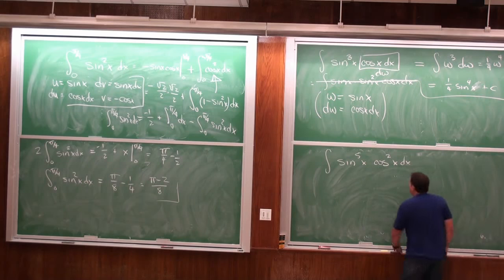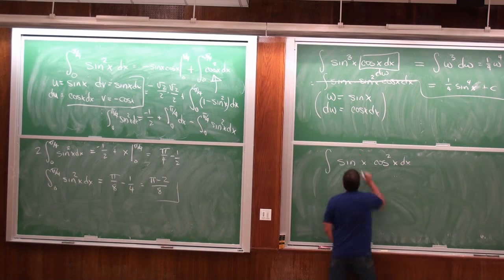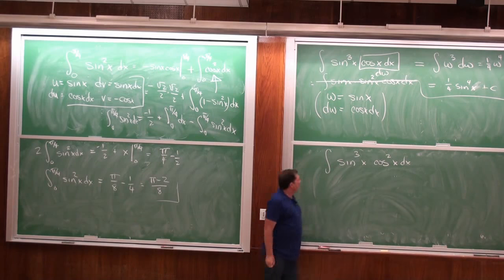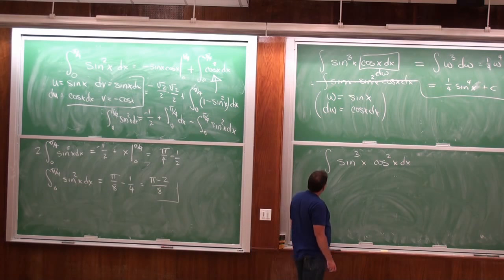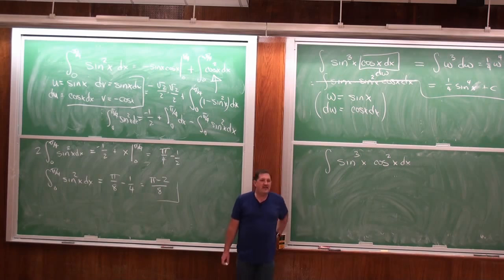Let's make it sine cubed. Let's make it easier. Suppose I have something like sine cubed of x cosine squared of x dx.